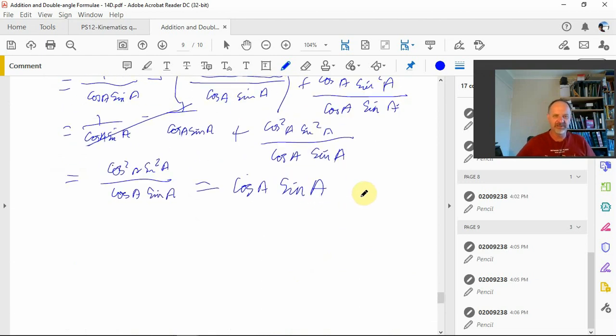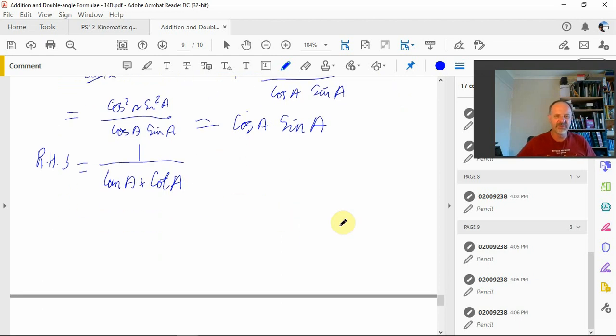Now what we need to do is go to the right-hand side. And I'll go, okay, so the right-hand side, and that was 1 over tan A plus cot A. And so what we need to do here is write what tan and cot are for a start.